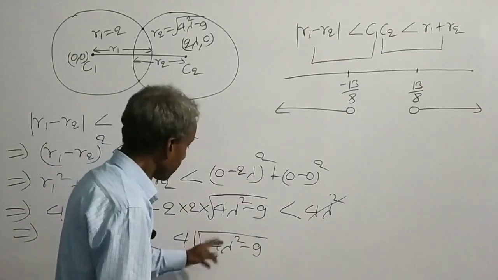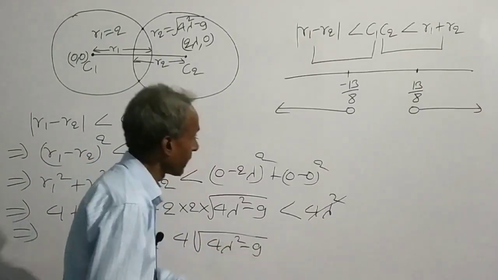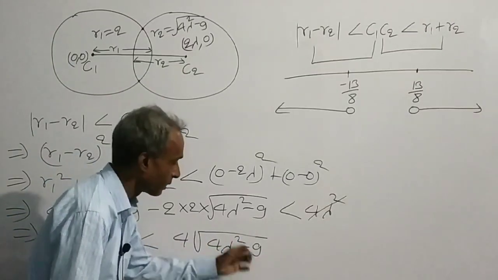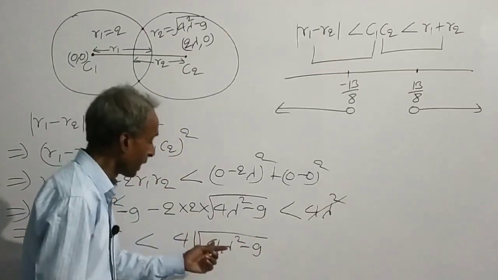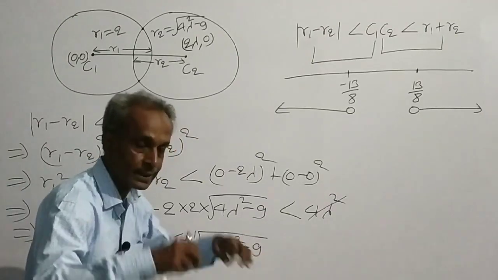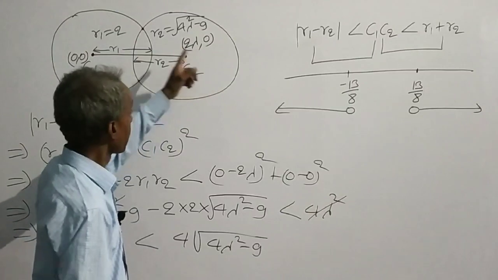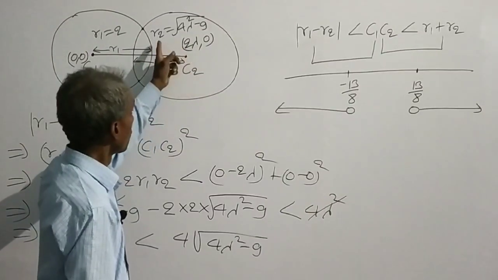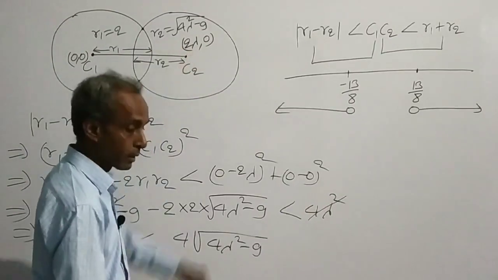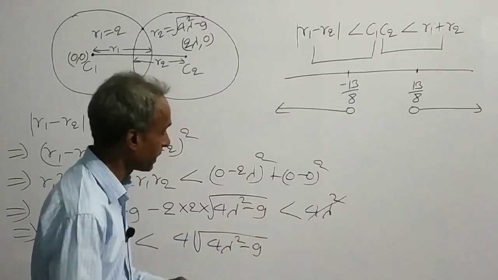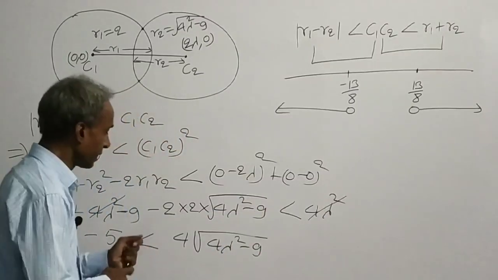Root under 4 lambda square minus 9 will be real when 4 lambda square minus 9 is positive or 0. But we cannot take equal to 0 because R2 cannot be equal to 0. Therefore, 4 lambda square minus 9 must be positive.